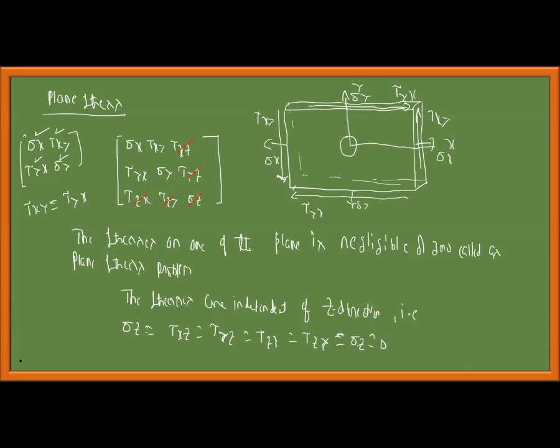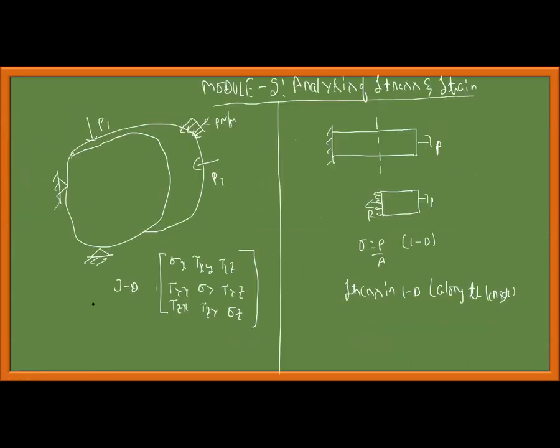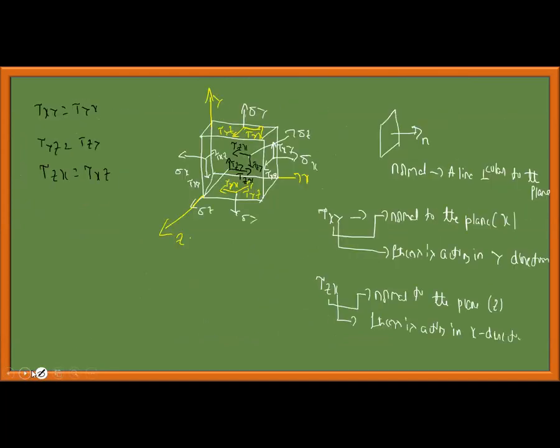Have you understood that? I started with the general 3-dimensional body, in which I have 9 stress components, whereas in a bar, beam, or shaft, we consider the stresses to be uniform throughout. It is not varying with respect to length, but generally stresses vary from point to point and plane to plane.